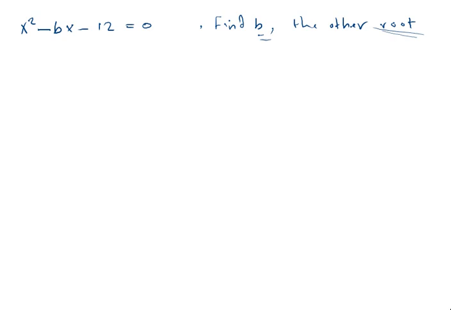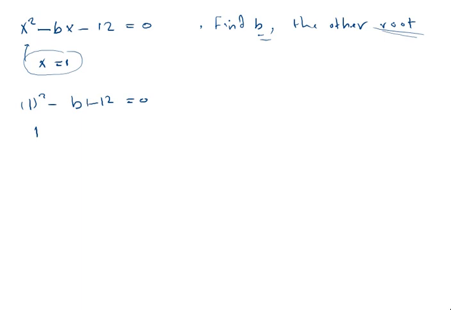So it's a quadratic equation. If we have x equals 1, all we are going to do is just substitute here, and 1 squared minus b minus 12 equals 0.